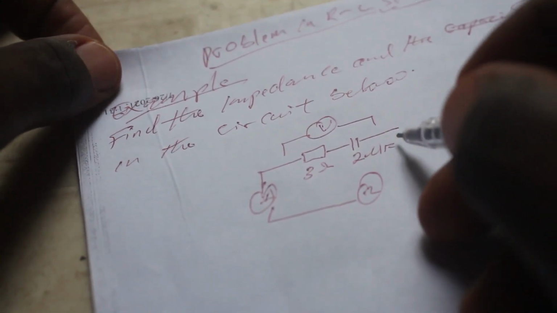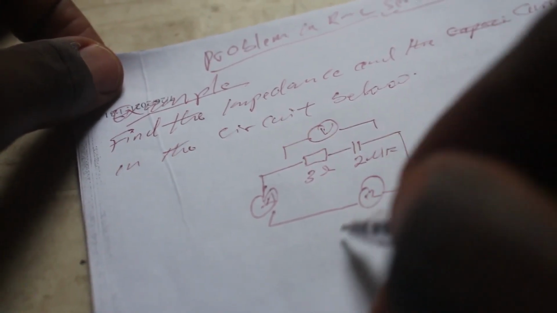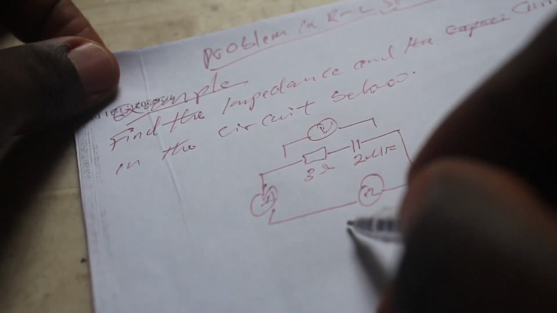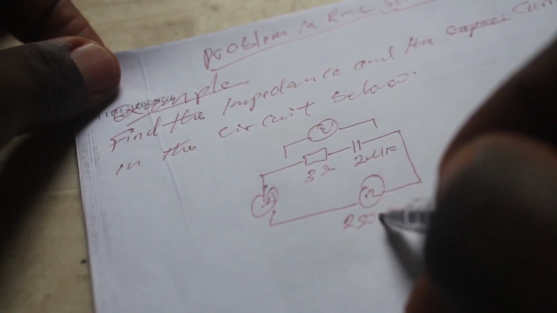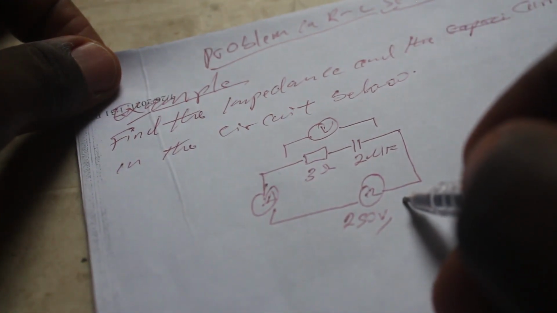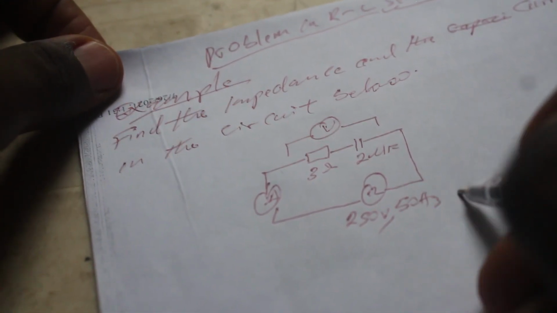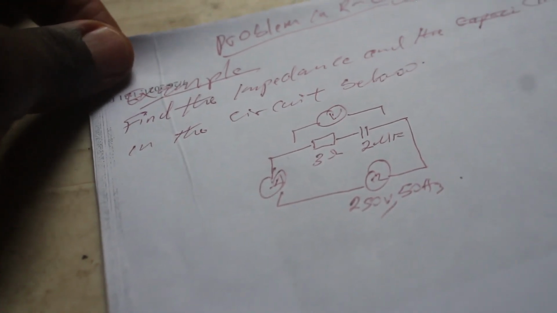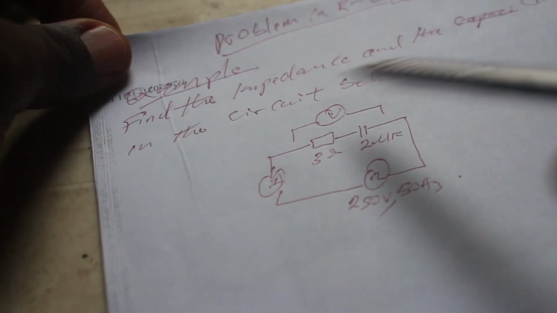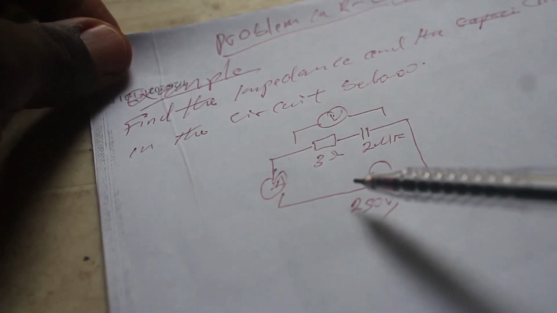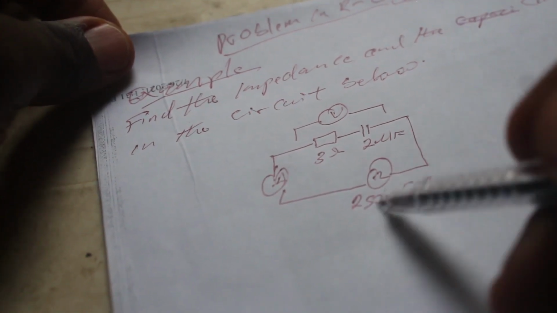And here's the AC source. The voltage of the AC source is around 250 volts, and the frequency is, let's say, 50 hertz. So now we are supposed to find the impedance in this circuit and also the current flowing through it.